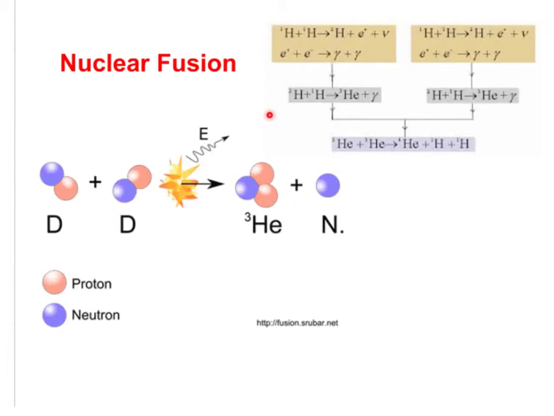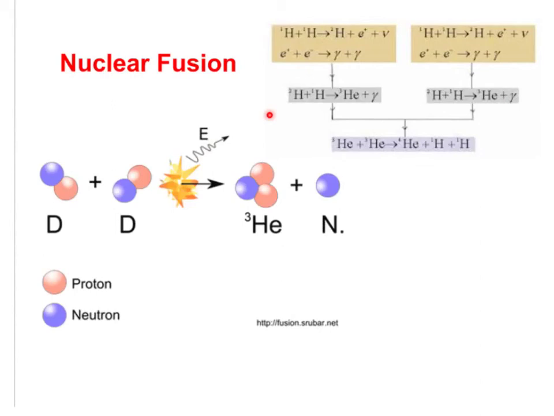And protons obviously are identically charged. They obviously repel each other. So in order for 2 protons to get close enough to bind, they have to be shot at each other at extremely high speeds, so that the velocity will overcome their repulsion for each other.